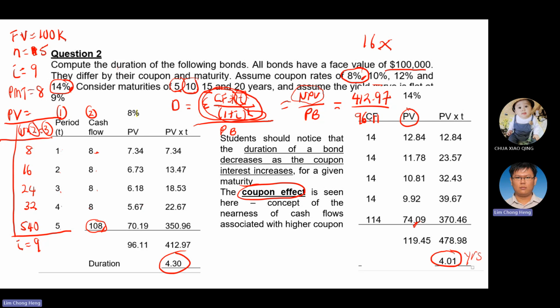Example, you spend 1,000 to buy my bond. I issue the bond at 1,000, and the coupon payment is 20% for 5 years.